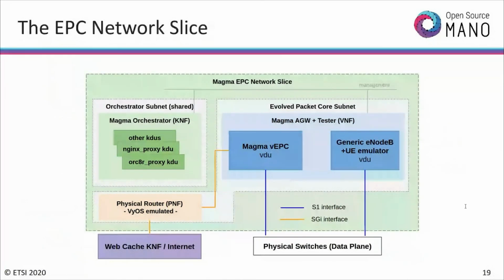One concept that we're going to introduce here, and that we'll be using a couple times during this week, is the concept of a network slice. One of the things that we're going to be doing is we're going to be launching this slice. And what it will do is it will bundle together the Magma orchestrator, the management, the EPC, and the radio.